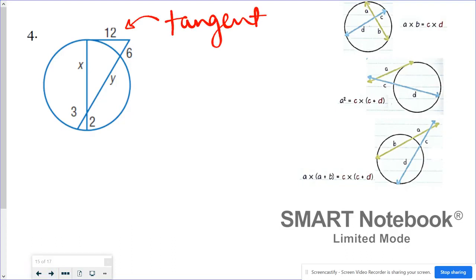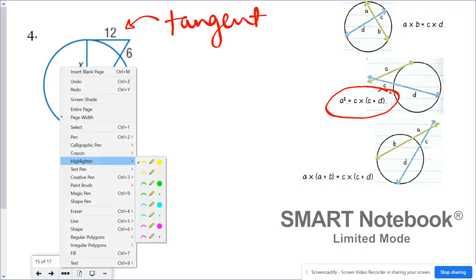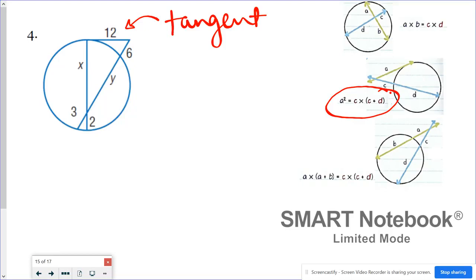So the fact that they gave me that tangent, I might want to use this power theorem that says the tangent squared is equal to the secant times its external part. Okay, so let's look at that secant. Let me highlight that for us. This is that secant that it would have a relationship with.